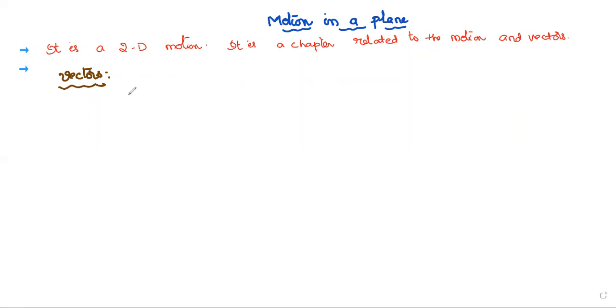A vector is nothing but a physical quantity having both magnitude and direction. Not only that, it also has to obey the laws of vector addition. One more quantity we introduced, the tensor. Anyone remember?